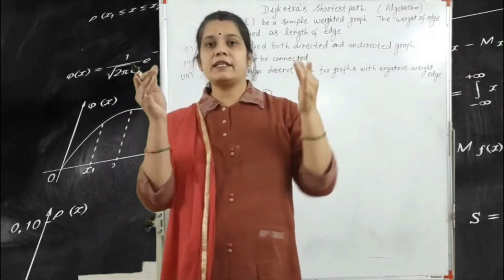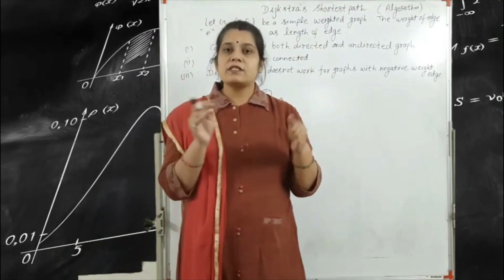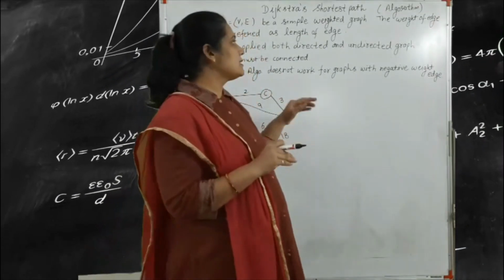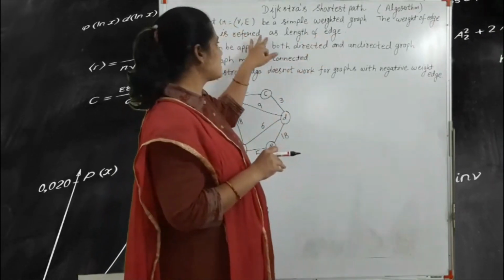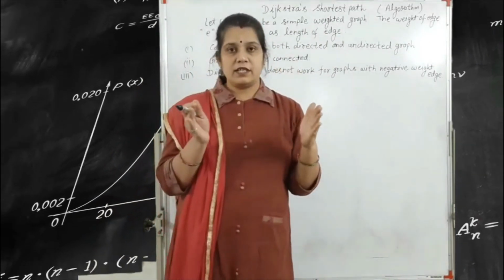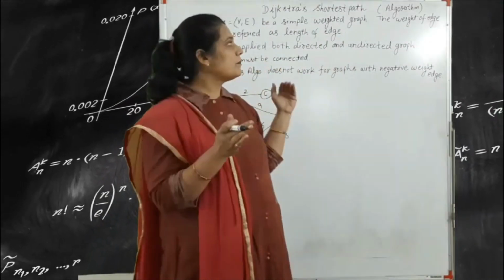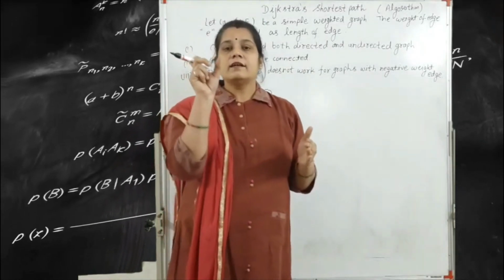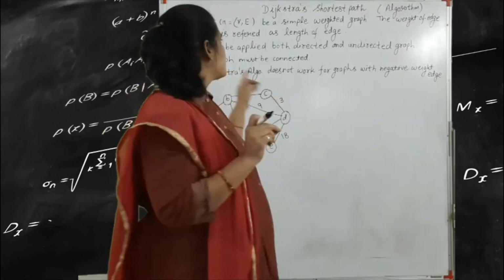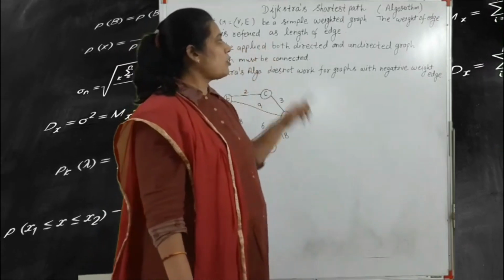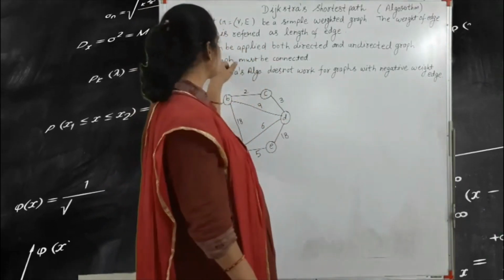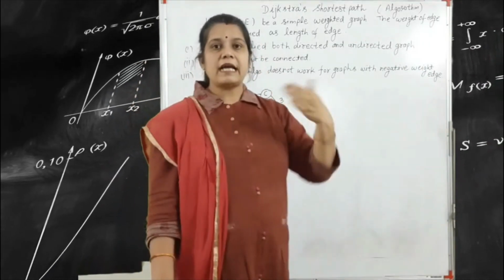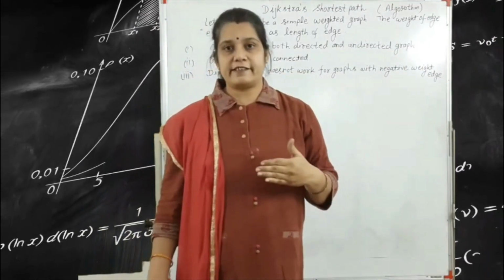That means if between two nodes one edge is given and its weight is also given, then the weight of the edge is referred to as the length of the edge. In the Dijkstra algorithm, because we find the shortest path, obviously the edge weight is the length. Here three points are very important. First, the Dijkstra algorithm can be applied to both directed and undirected graphs.